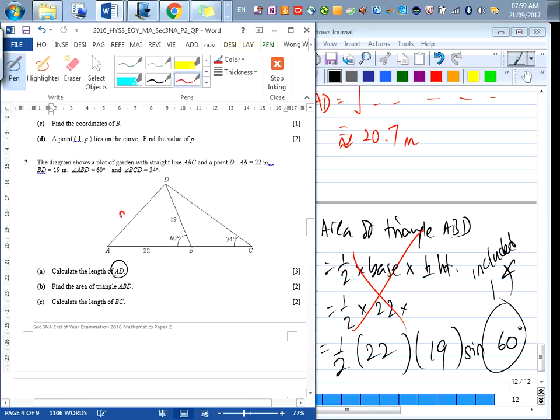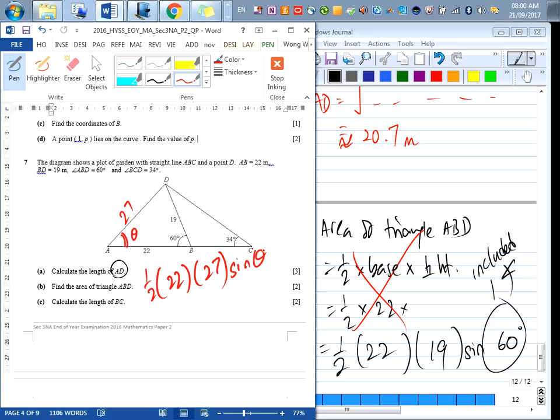If I choose to take half times 22 times 27, then I need to multiply this by sine this angle. Let's call it theta. To get the area of the triangle. I cannot use half 22 times 27 times sine 60 because then 60 is not an included angle.